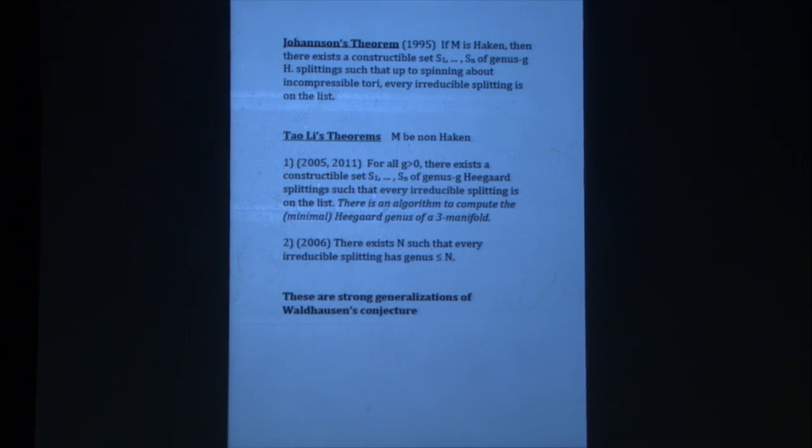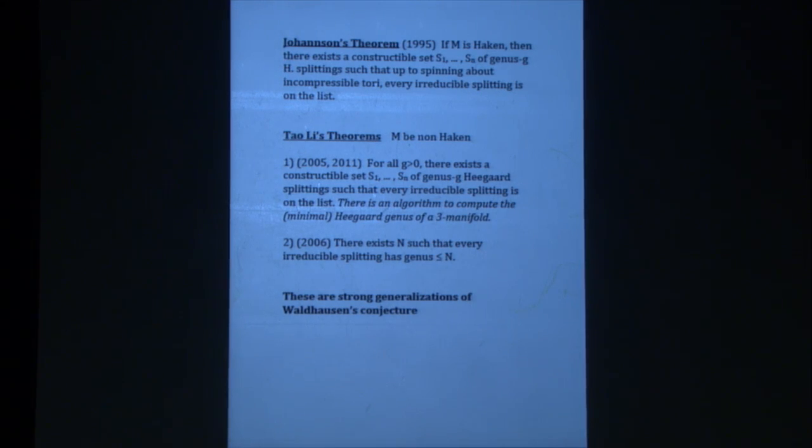As I mentioned in the beginning, if you have a triangulation, then the genus of the 1-skeleton gives you an upper bound for the genus, and for every genus at that level and below, that's a finite set. Tao Li can tell you whether there's an irreducible Heegaard splitting or not, and therefore this gives an algorithm to compute the Heegaard genus of the manifold.